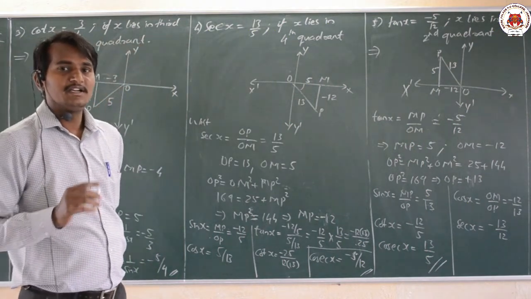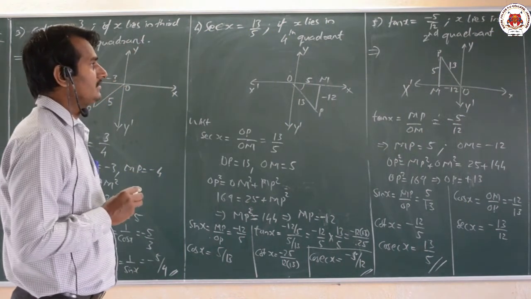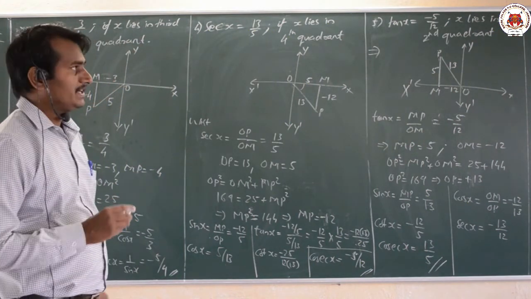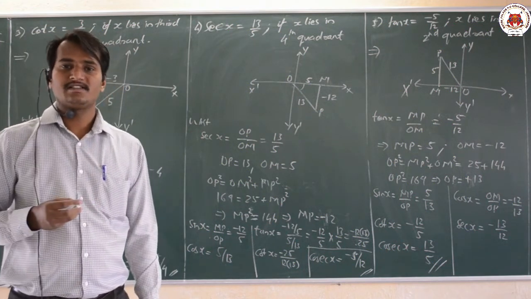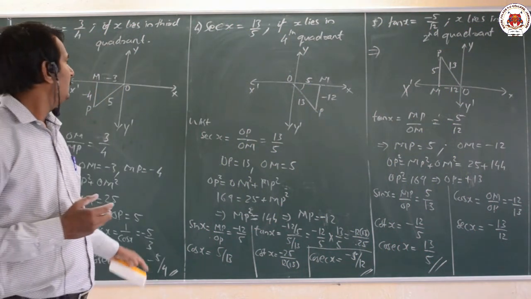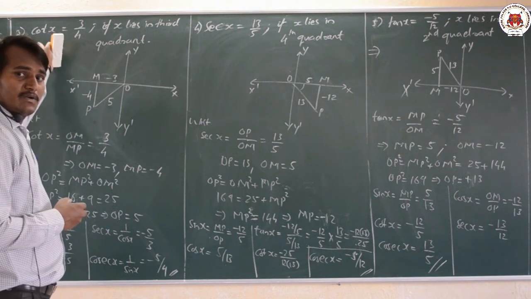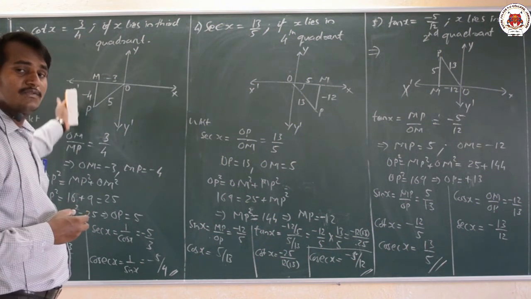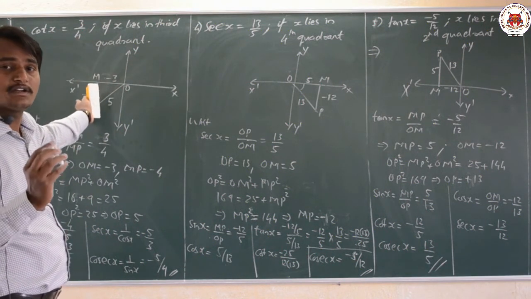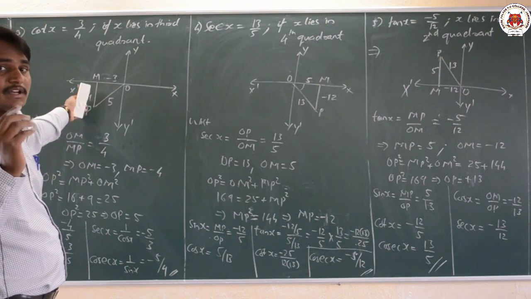Okay, dear students, it is a very simple example here. In this particular session, we learnt that if any one trigonometric ratio value is given, we can find out all other trigonometric ratio values. It is a very important thing.